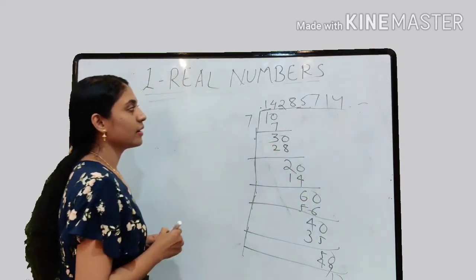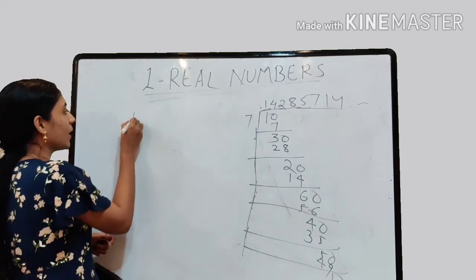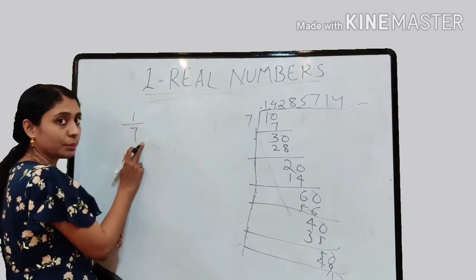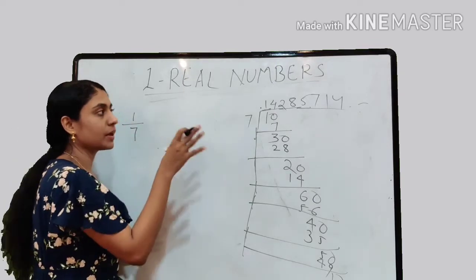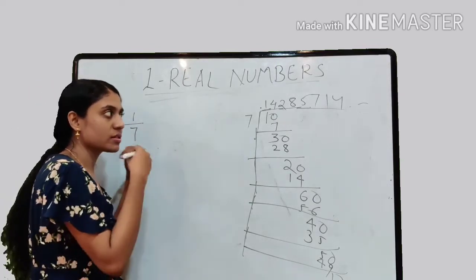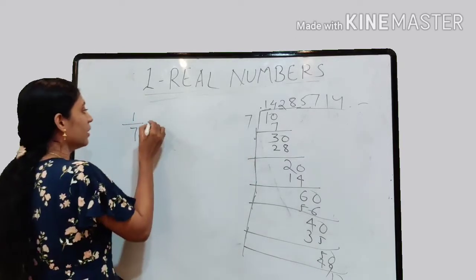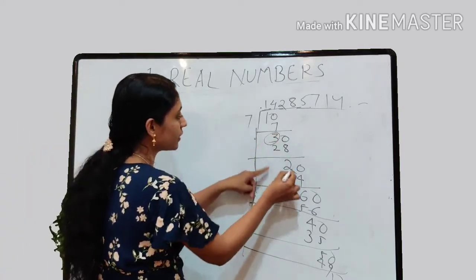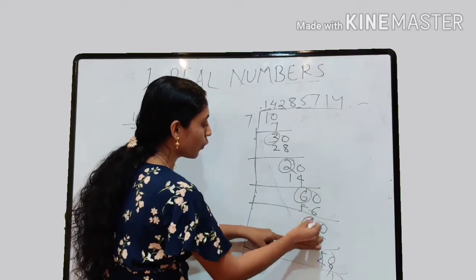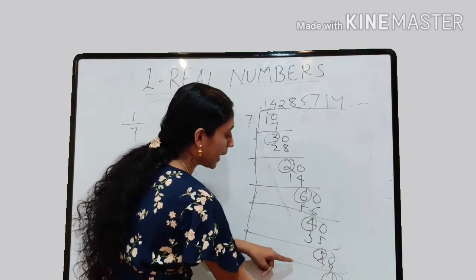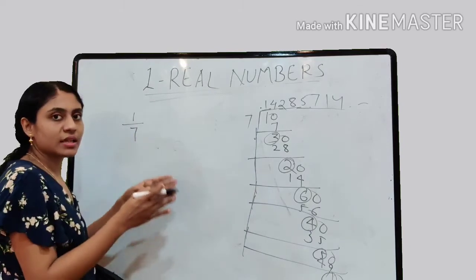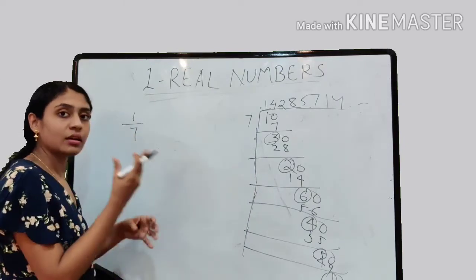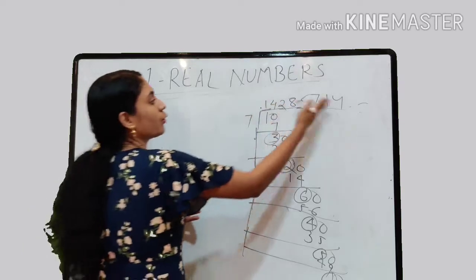That means this rational number 1 by 7 is of the form p by q, but its decimal expansion is non-terminating repeating. It is not going to terminate, it is repeating, right? That is after the remainders are 3, 2, 6, 4, 5, 1, again 3, like that. That means after a certain stage, the remainders will start repeating, so that we will get a block of digits like this.